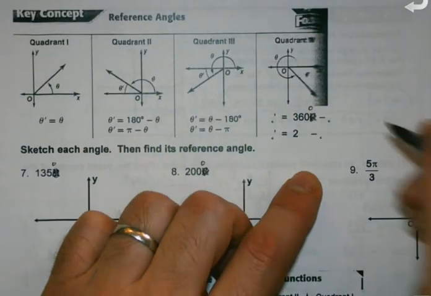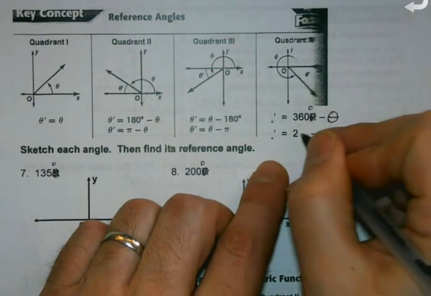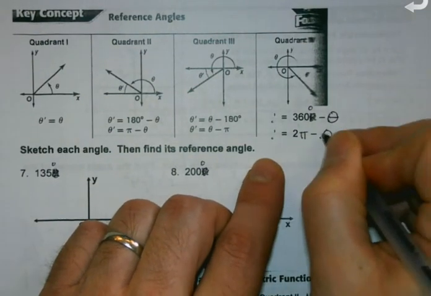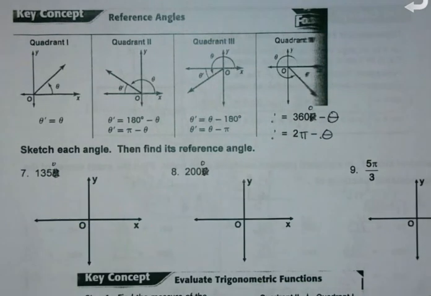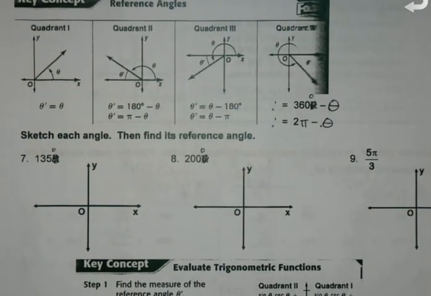My fourth quadrant got cut off, so we've got to get that updated, but the rest of these will end up being okay. Oh, that's just zeros, not degree, just my little degree symbols. So when it says sketch each angle, then find its reference angle.